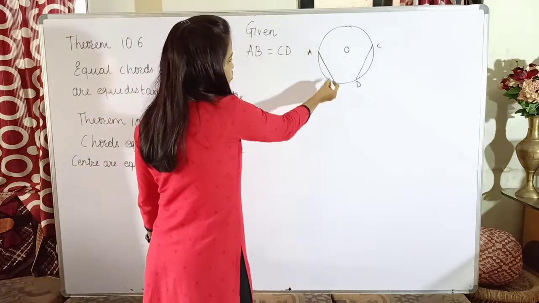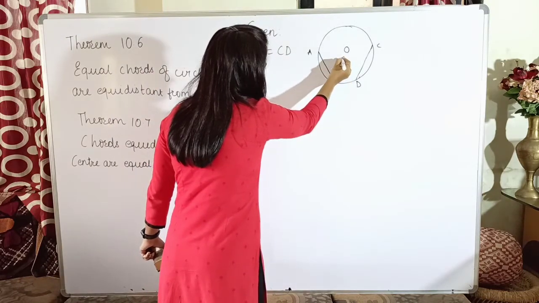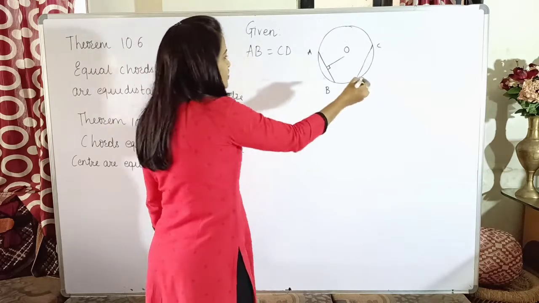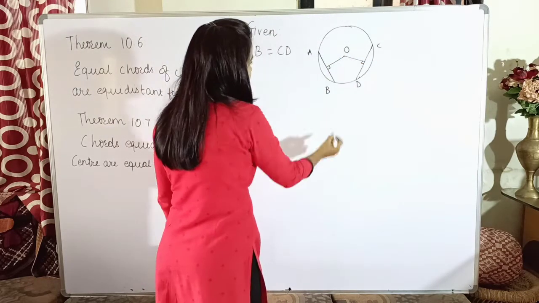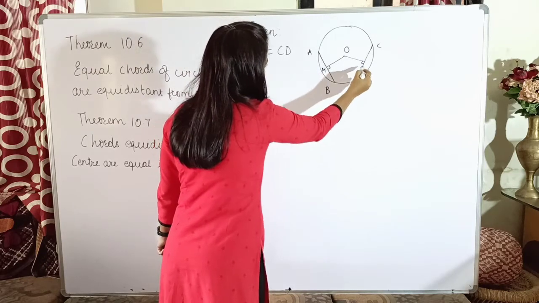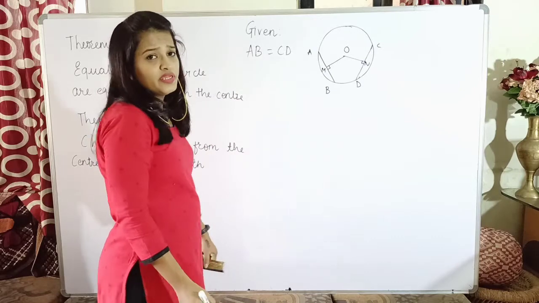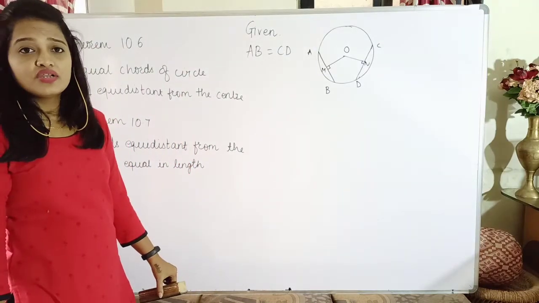So if I have to know how far AB is from O, I will draw a perpendicular on AB. Similarly, how far is CD from O? Again, I will draw a perpendicular on CD. Let us name these M and N. So our construction is drawing perpendicular OM on AB and ON on CD.